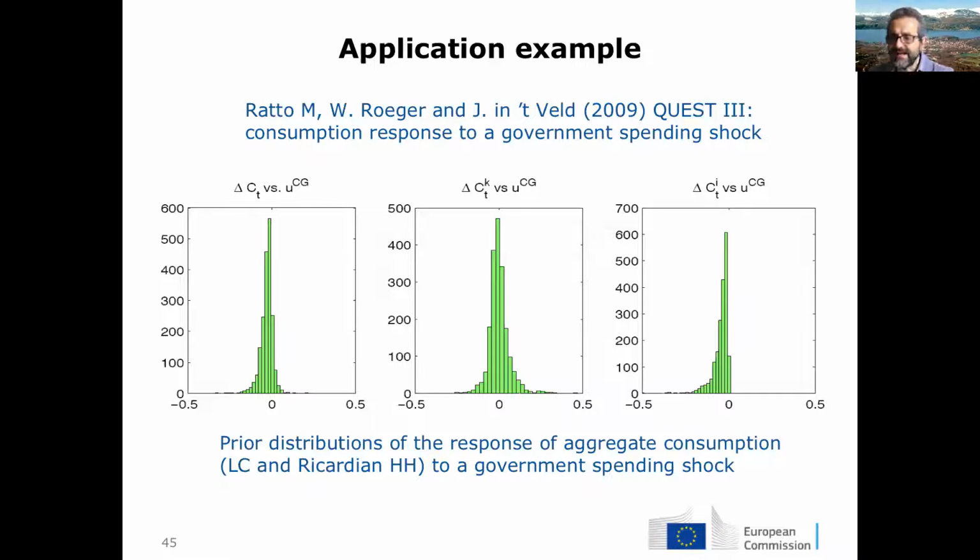We made an estimated version of the Quest 3 model, and we introduced the rule of thumb consumer. There was the Gali paper, at the time, saying that it's sufficient to have a moderate amount of rule of thumb consumers to get crowding in of aggregate consumption.